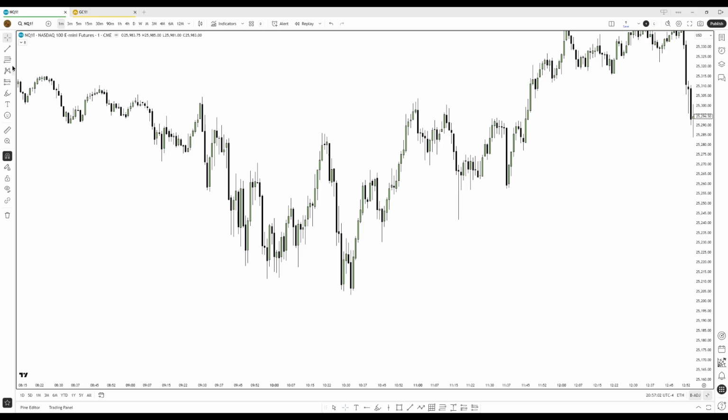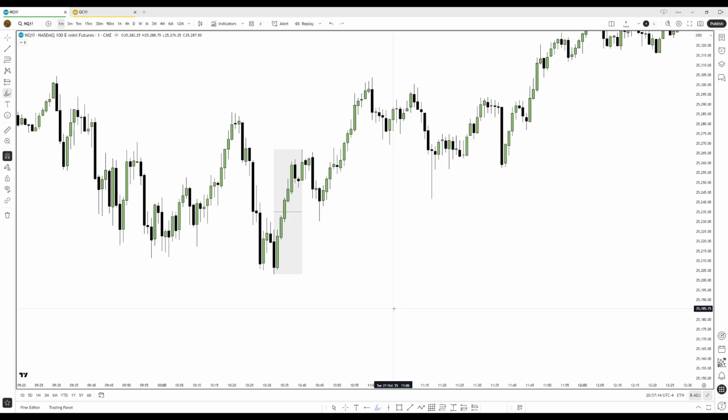We make a range. So what is this bottom half called? Discount, yeah. This is a discount range. And what is this upper half called? Premium. So if we're buying something, do we want to buy at premium?